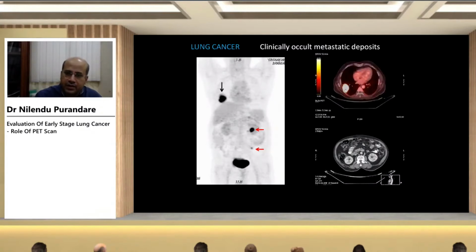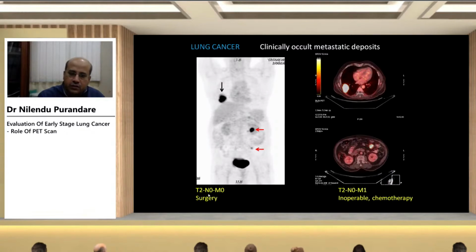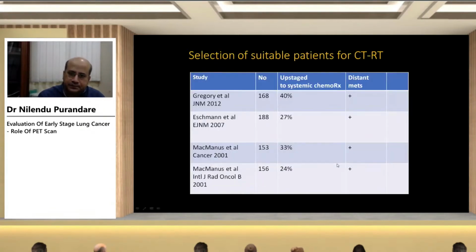So that's the FDG-avid lung cancer, and there are these FDG-avid foci in the peritoneal cavity. This probably would not have been detected on a regular contrast-enhanced CT scan. So a patient staged as T2N0M0 by conventional staging, who should have been easily operated, now becomes T2N0M1, and the patient now has to be given systemic chemotherapy.